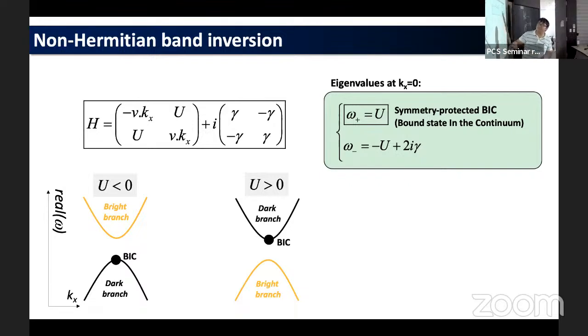When U is negative, omega plus is the lower band. So the BIC is situated at kx equal to 0 here. The other one is the lossy branch, this guy. If U is positive, then we have band flip. So the dark branch now will be the upper band with the BIC here, and the bright branch the lower one.